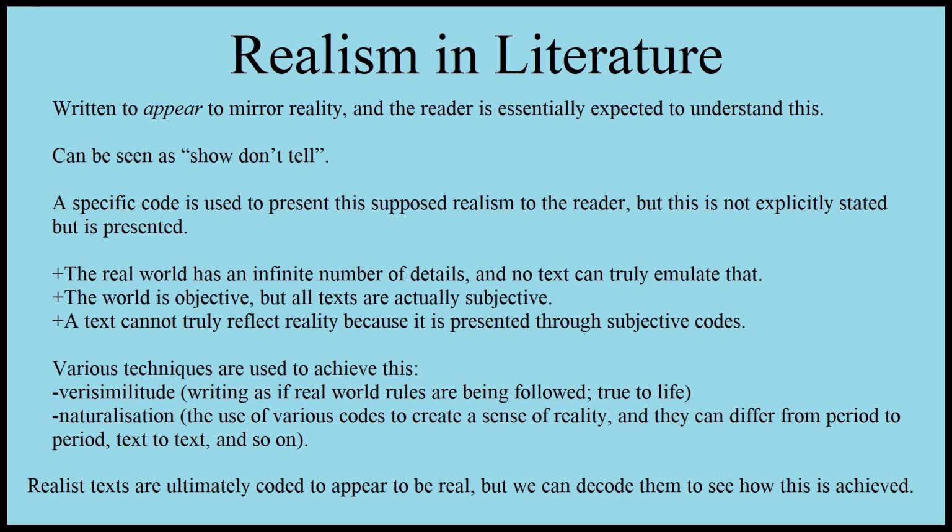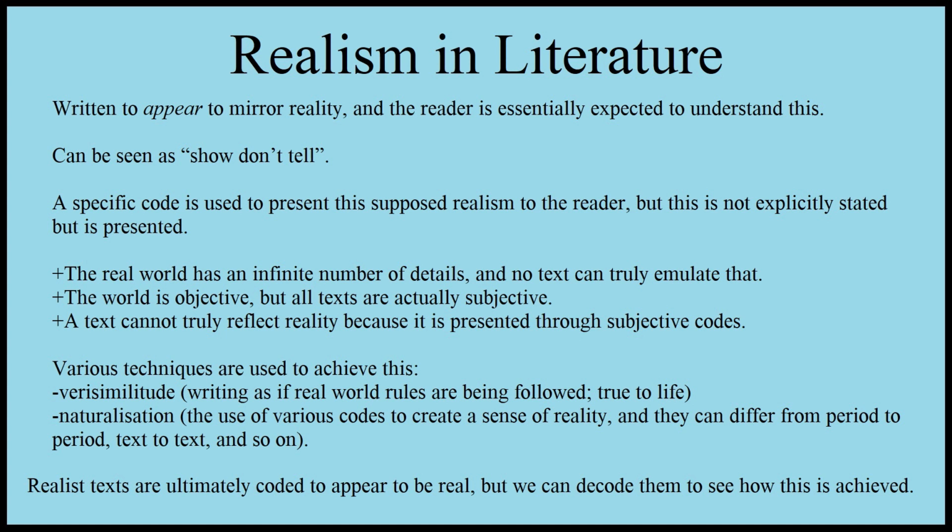So the thing to remember when it comes to realist texts in general is that they appear, they seem to be real, but they're not. They are a reflection of reality. And of course, reflections will generally be inaccurate. They're not perfectly accurate representations of the thing. They're not perfect copies.